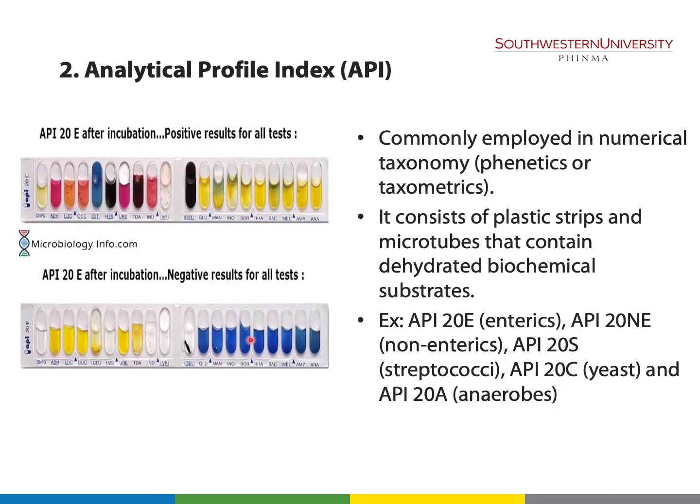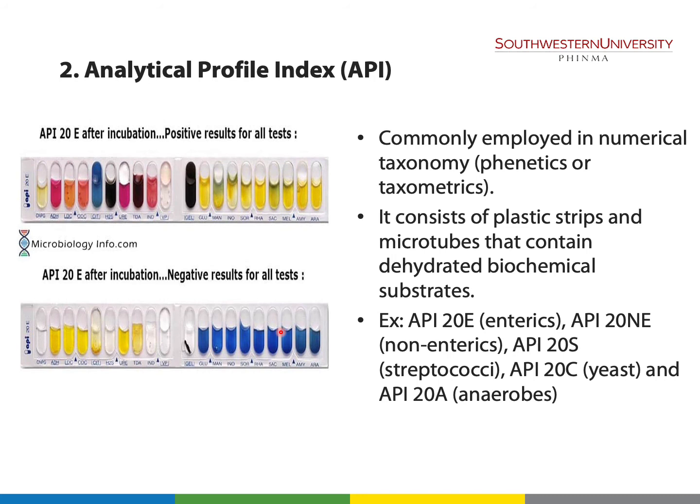The second criterion or method of identifying microorganisms is your Analytical Profile Index, or your API. These are commonly employed in numerical taxonomy, or phenetics or taxometrics. Your API consists of plastic strips and microtubes that contain dehydrated biochemical substrates.